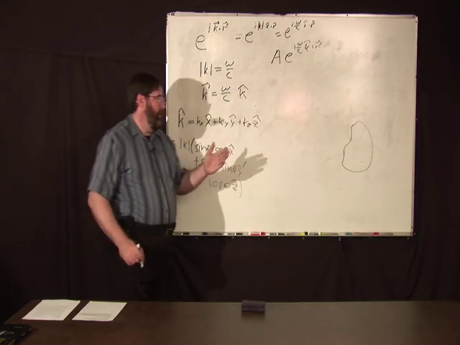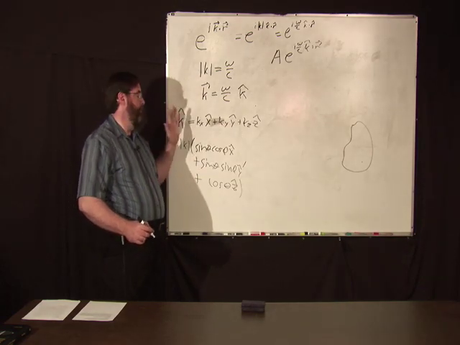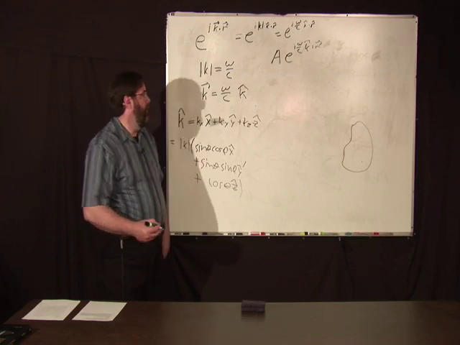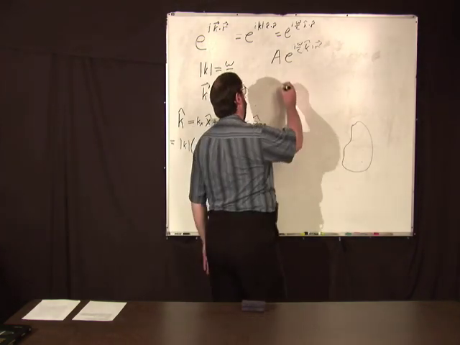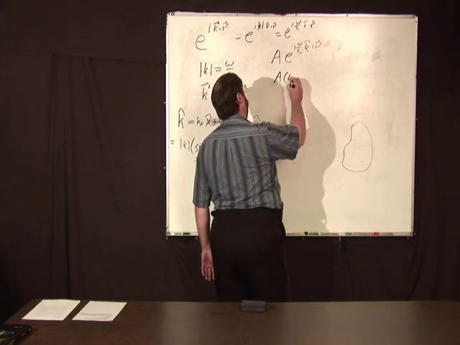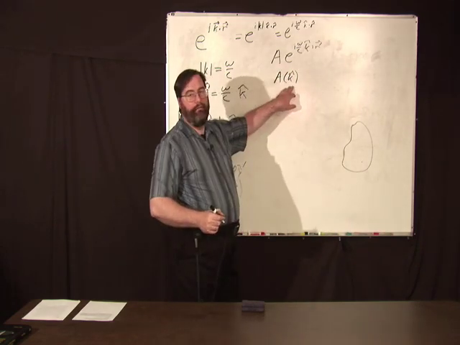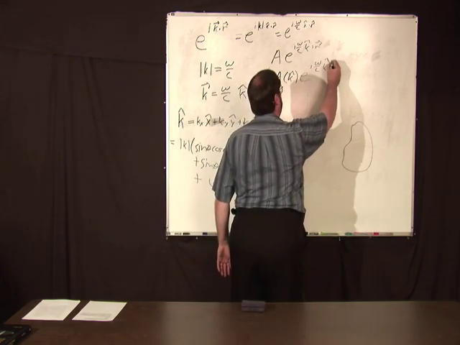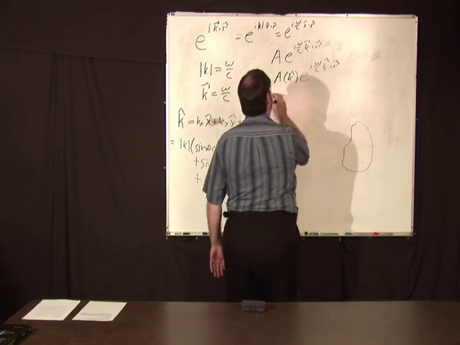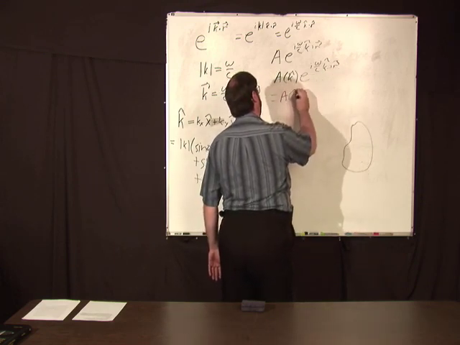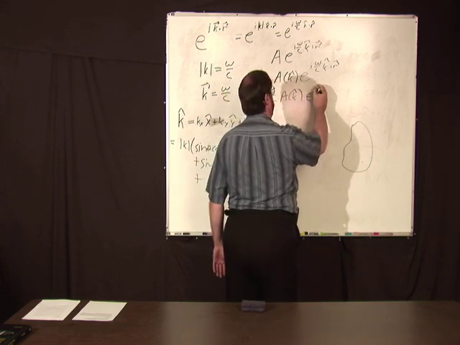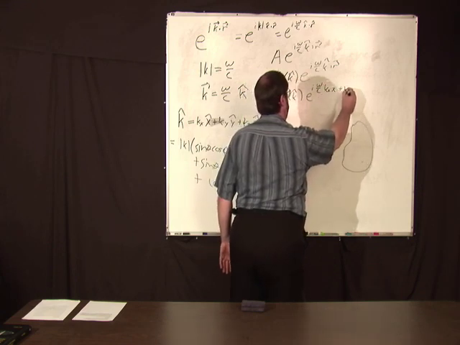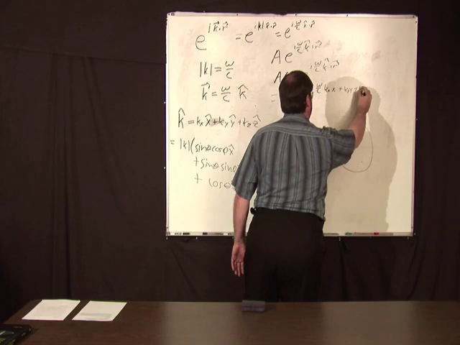We already showed last week that as you get far from a localized source, the waves look like plane waves with a particular amplitude in each direction, which now we can write as A of k hat, some amplitude that's a function of the direction the wave's going, times e to the i omega over c k hat dot r, which of course equals A of k hat e to the i omega over c kx x plus ky y plus kz z.